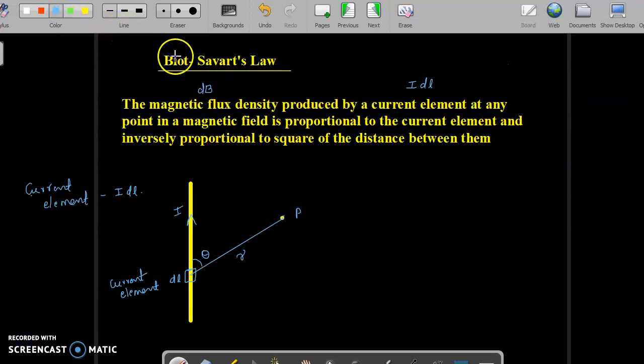So this is a famous law, the Biot-Savart law. The law states that the magnetic flux density B is produced by a current element. Here you can see a current carrying conductor.